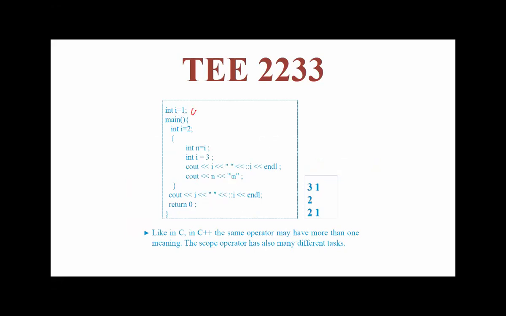Example, int i = 1; This is global because it's outside the block. Then main, int i = 2; This is the local. So we have i global and i local. Right?